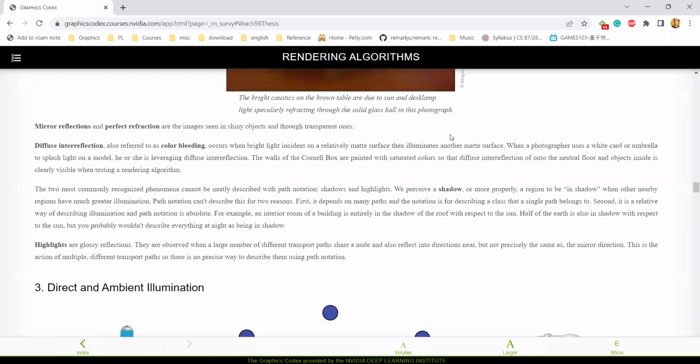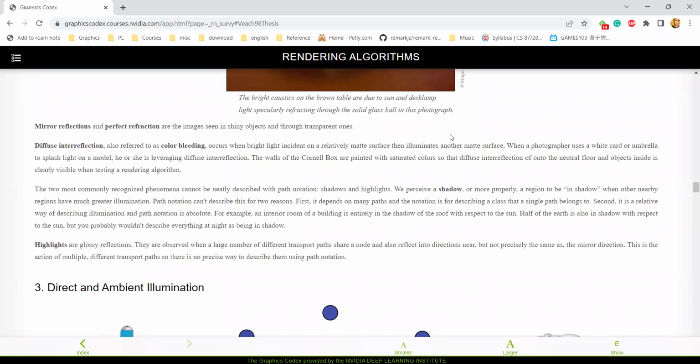When a photographer uses a white card or umbrella to splash light on a model, he or she is leveraging diffuse interreflection. The walls of the Cornell box are painted with saturated color so that diffuse interreflection onto the neutral floor and object inside is clearly visible.